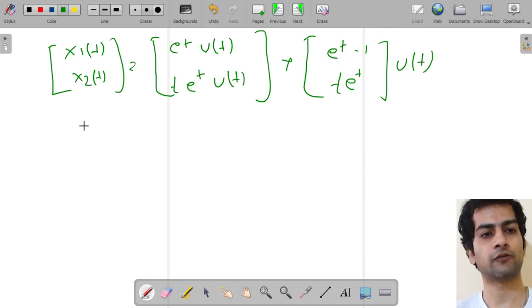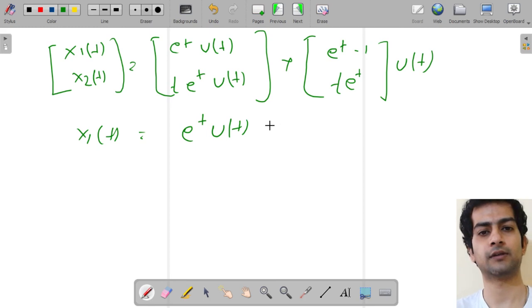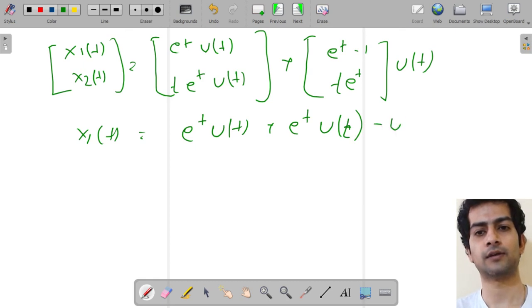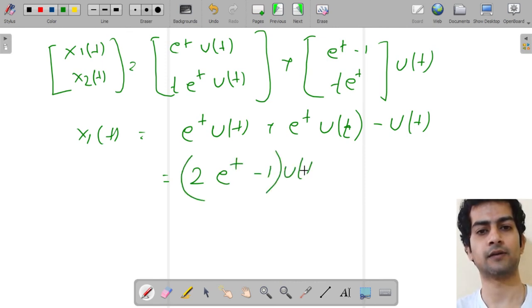So see what we will get. We will get x1(t) is equal to e^t u(t) minus u(t), which means (2e^t - 1) u(t).